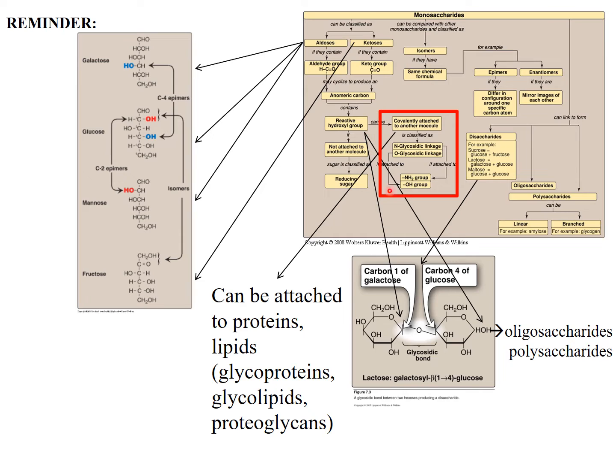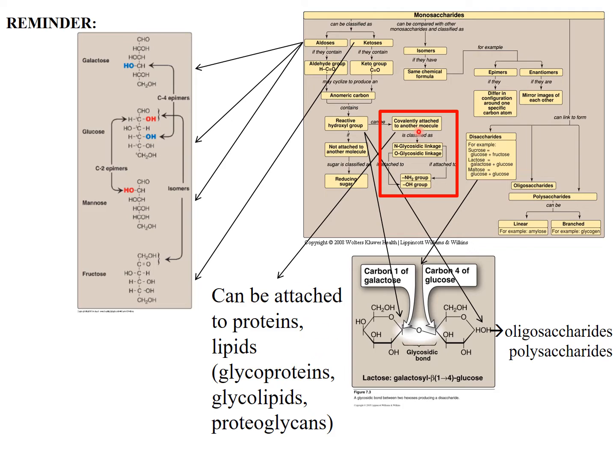Today, we will focus more on how we can use carbohydrates to modify proteins. I will not talk about modified lipids, but glycoproteins, glycolipids and proteoglycans, two of which will be the focus of my talk, are very important physiologically in the human body.